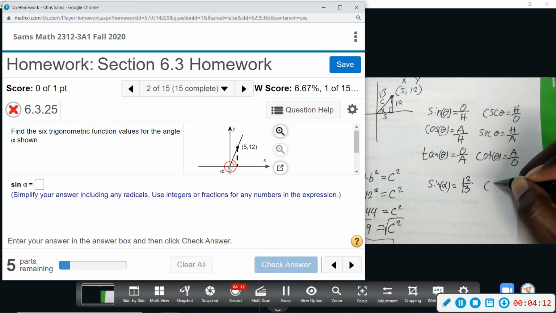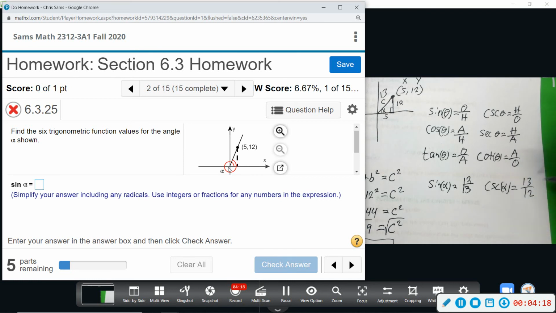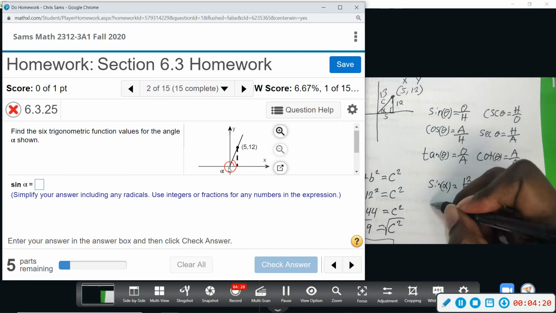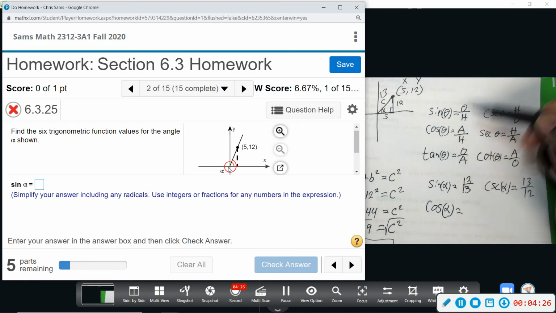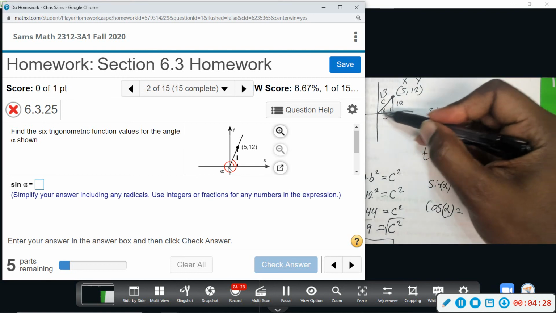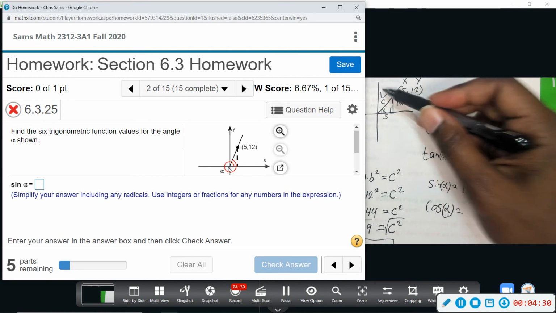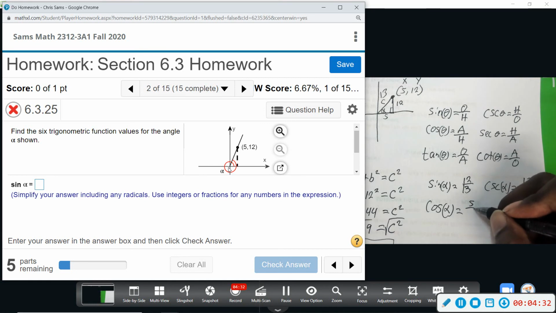Then CSC of alpha is 13 over 12. You just flip it. Cosine of alpha is adjacent over hypotenuse. Adjacent is the same side based on where the angle is, so 5 over 13. That means secant is 13 over 5.